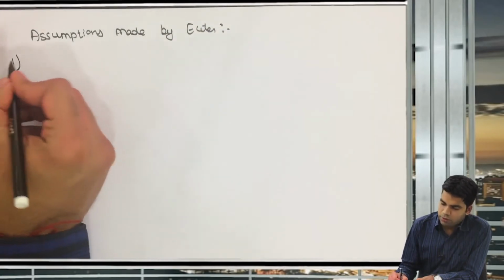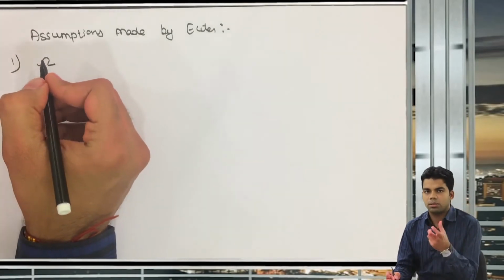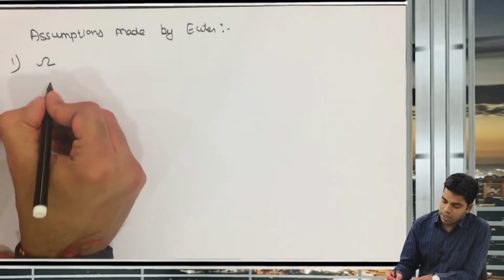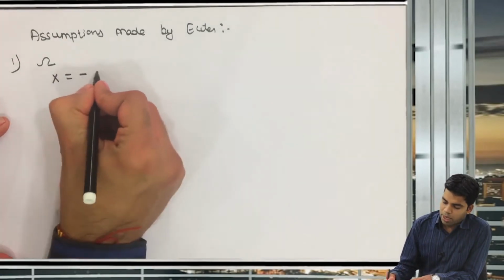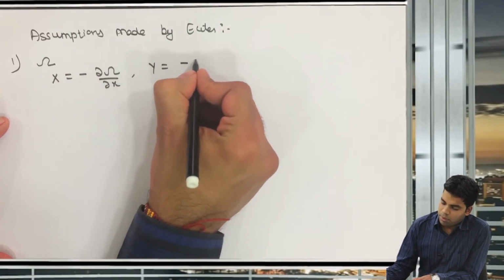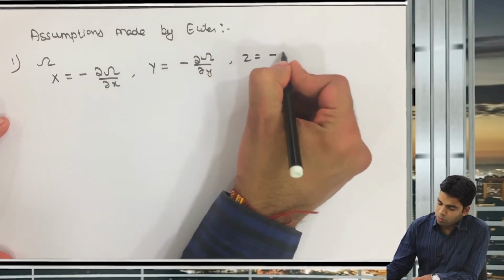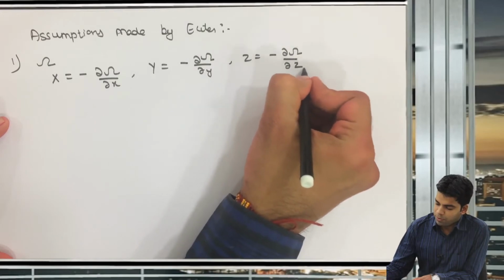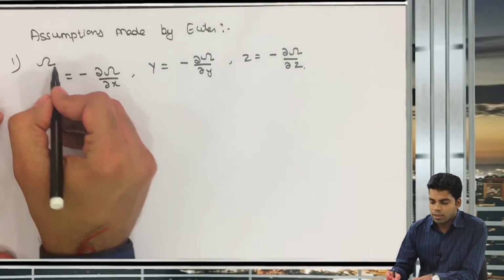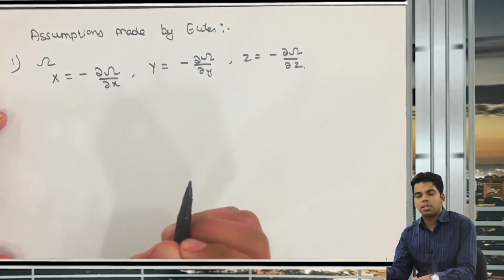First, Euler assumed a force potential Ω, the uppercase omega in Greek, such that the total body force X is equal to −∂Ω/∂x, Y is equal to −∂Ω/∂y, and Z is equal to −∂Ω/∂z.